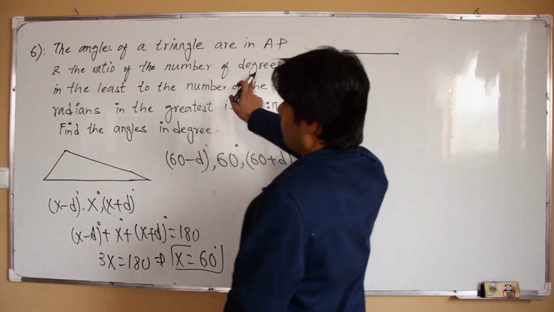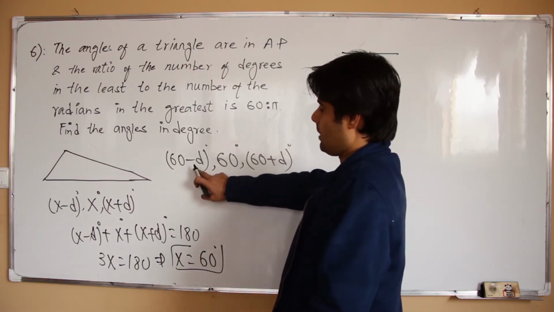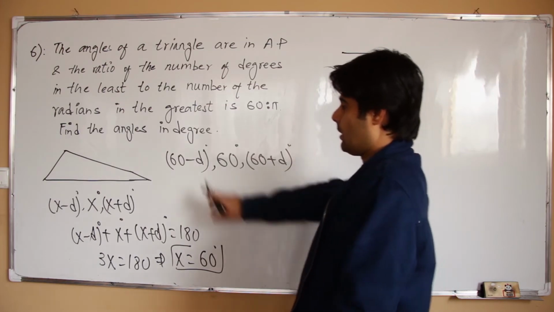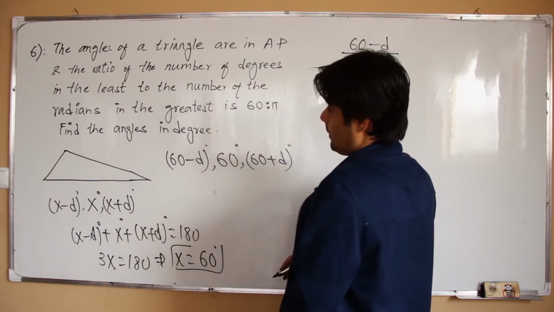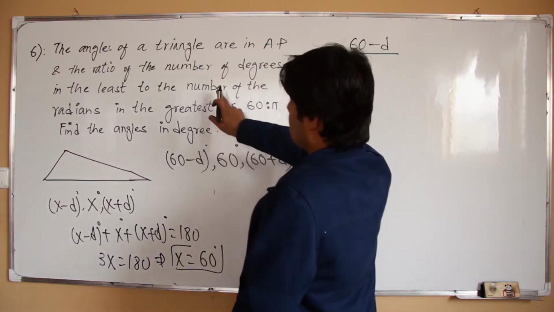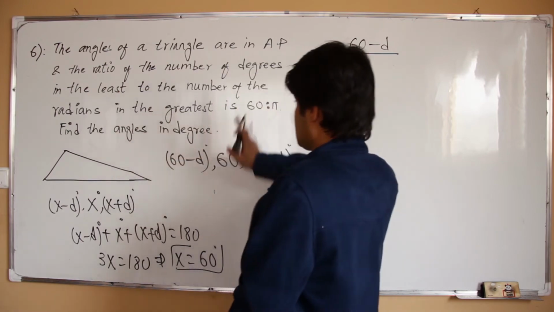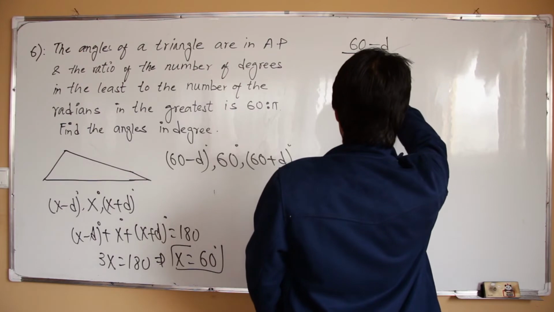The number of degrees in the least. 60 is the middle angle, 60 minus d is the least angle, or 60 plus d is the least angle. I think 60 minus d is the least angle. Least angle to the number of radians in the greatest. What's greatest? It is 60 plus d.